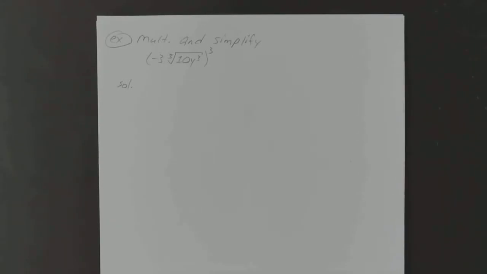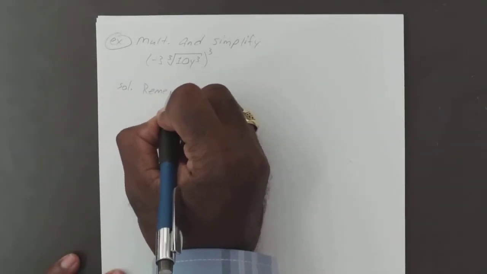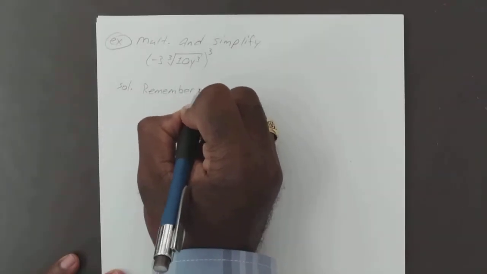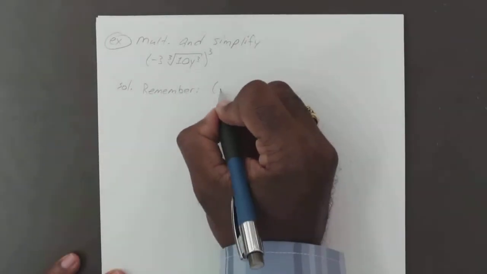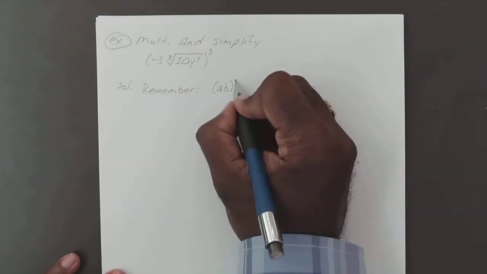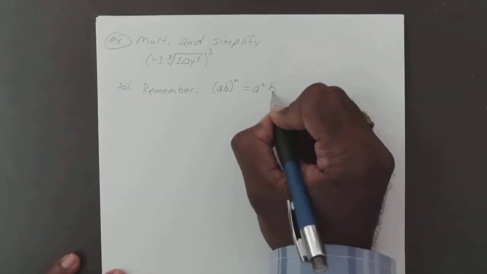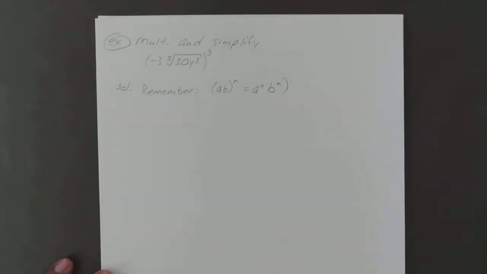Now you don't have to write it 3 separate times. All you have to do is remember the power of a product rule. A times b to the n is going to equal a to the n times b to the power of n.